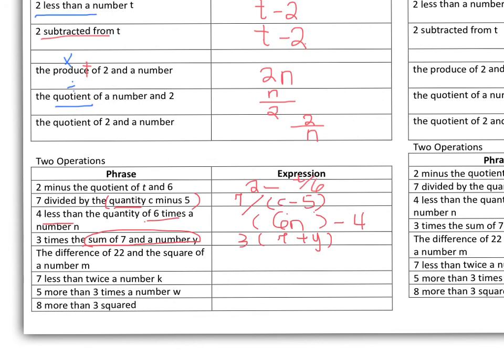And the next one, the difference of 22 and the square of a number m. So m squared. 7 less than twice a number k. 5 more than 3 times a number w.